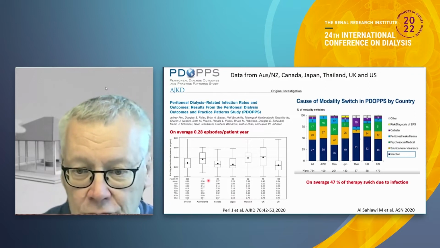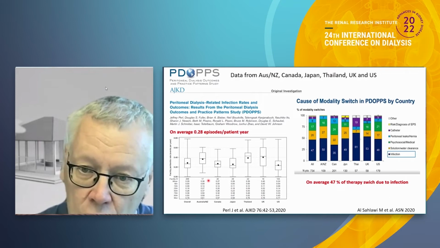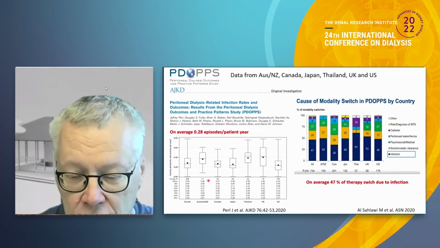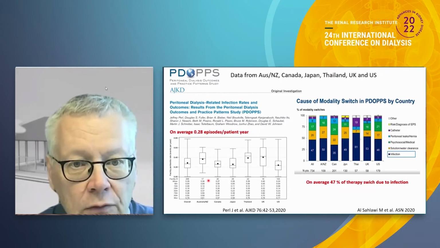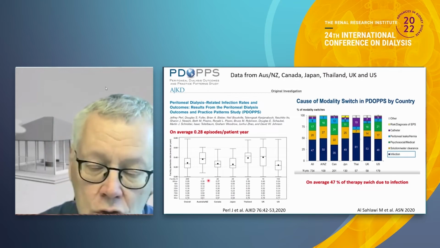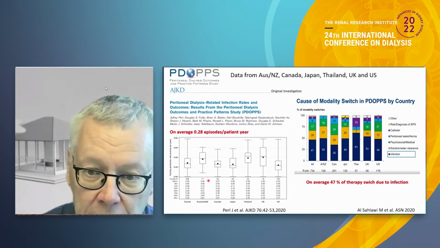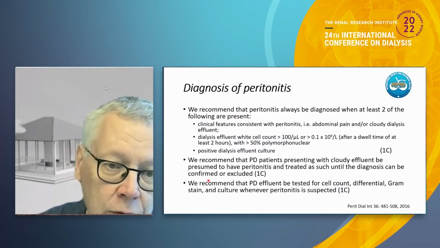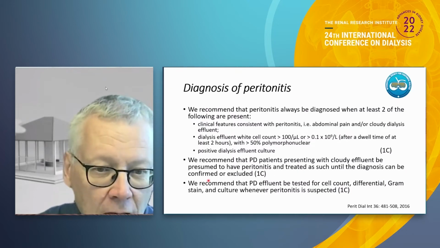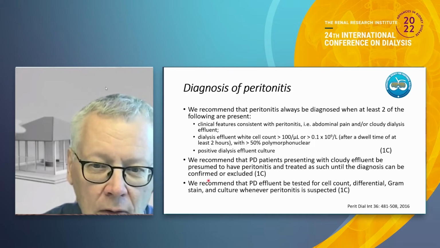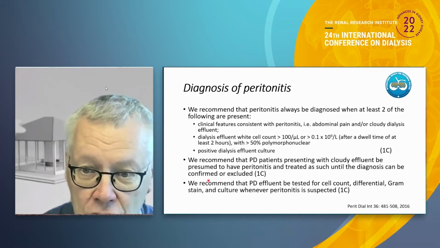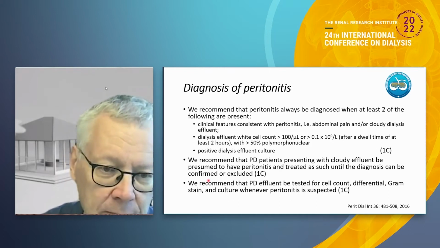And still, peritonitis is the major cause of modality switch. You can see that on average, 40-70% of therapy switches were due to infection, by far more common than other reasons to stop PD.